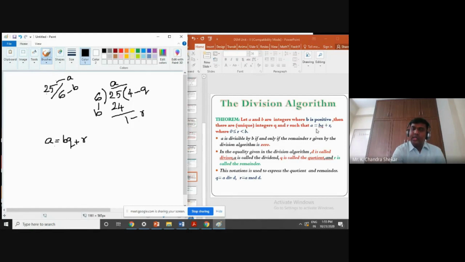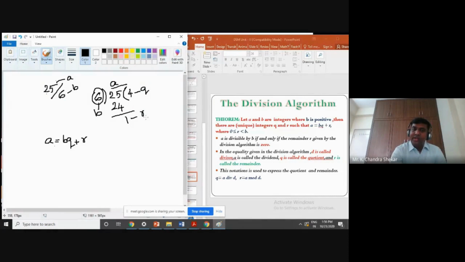Okay. So such that A equal to BQ plus R, where R lies between 0 and B. Just now I told you, the remainder must be positive. Positive means it may be 0 also, because if it is exactly dividing the number, then the remainder will be 0. Otherwise, the remainder will be 1, 2 or whatever it is, and that number will be less than this divisor. Hope you all know the terms: this is called divisor, this is called dividend, this is called quotient, and this is the remainder.